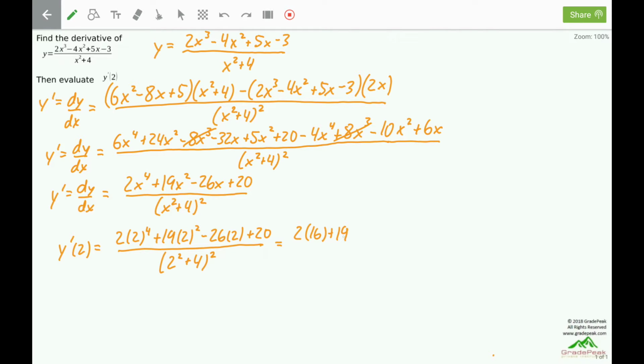plus 19 times 2 squared, which is a 4, minus 26 times a 2 will be a negative 52, and then plus 20. 2 squared is 4, so we have 4 plus 4 quantity squared in the denominator. 2 times 16 is 32. 19 times 4 is 76.